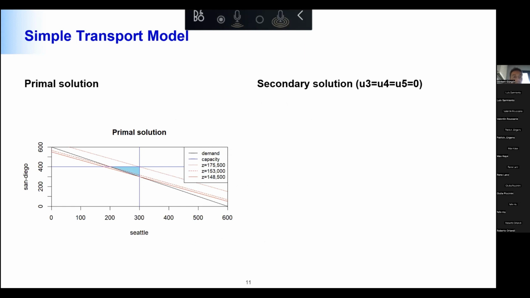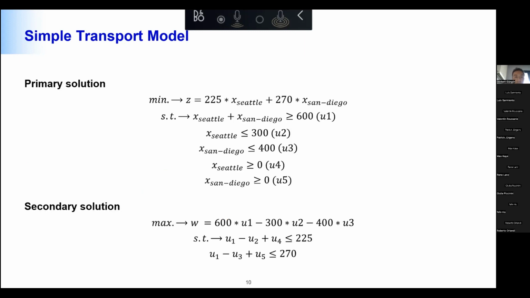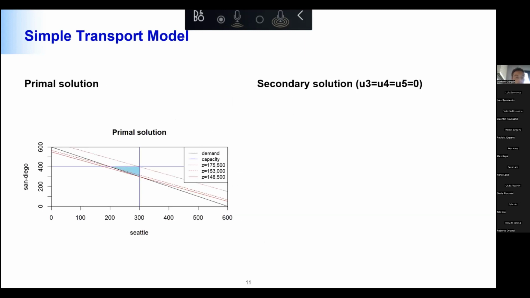Now, when we put our primary solution equations on a two-dimensional graph, we have the black line, the demand line, where we can satisfy the demand from a mix of transport from Seattle and San Diego. And we have a constraint for production from Seattle and San Diego.